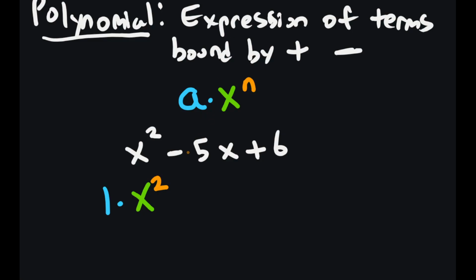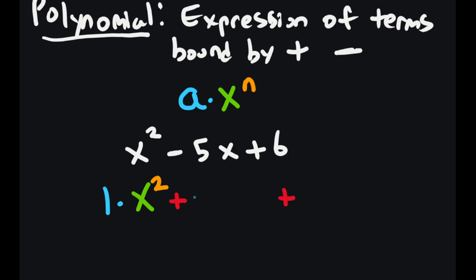Now let's write down the second term in the same form. What is a in this case? That is negative 5. And just to make it clear that these terms are bound by addition, we're going to be adding all of them. We're going to add these terms. And what is a in the second term's case? It is just this negative 5.